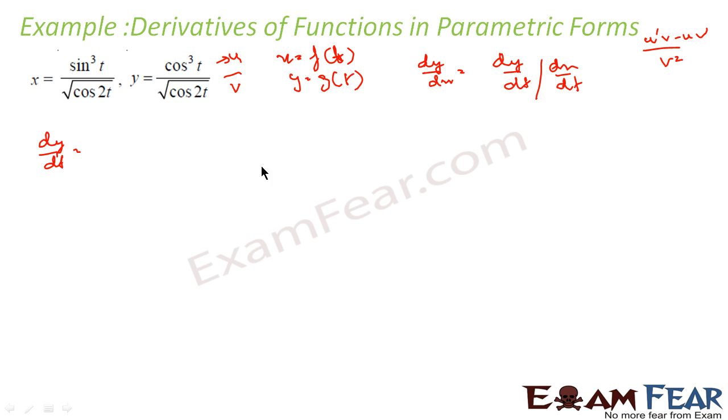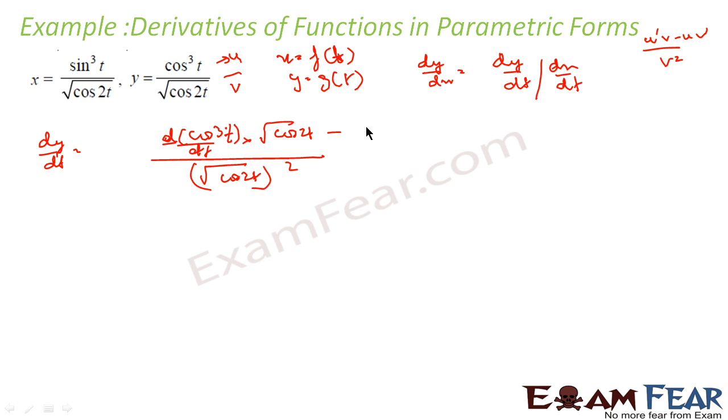So v square becomes root of cos 2t whole square, because this is v, and then d by dt of cos cube t, into root of cos 2t, minus cos cube t, which is a constant here, into d by dt of v, that is d by dt of root cos 2t. This is what you get.